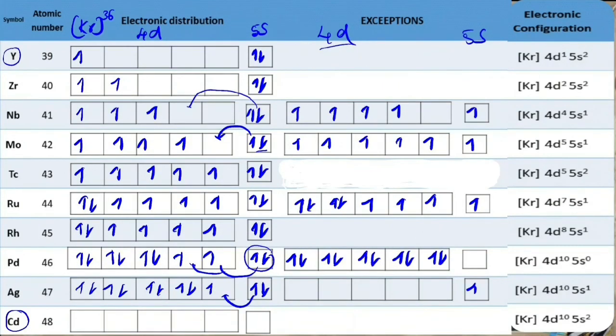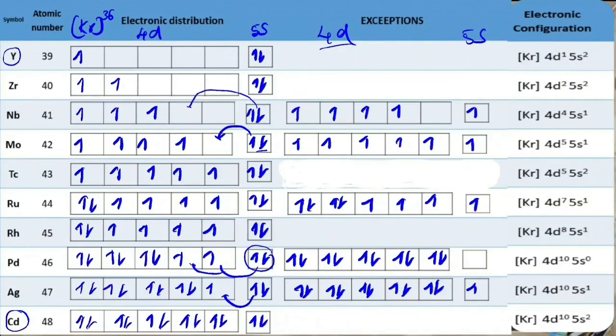That's why 5s orbital will take only 1 electron, and the remaining electrons will be placed in 4d orbital in order to get extra stability. For cadmium with the atomic number 48, krypton 36, 5s2, 38, another 10 electrons will be in 4d orbital like this.